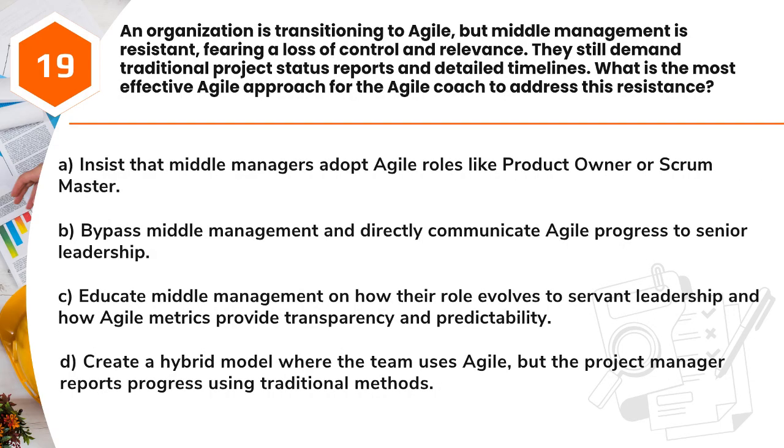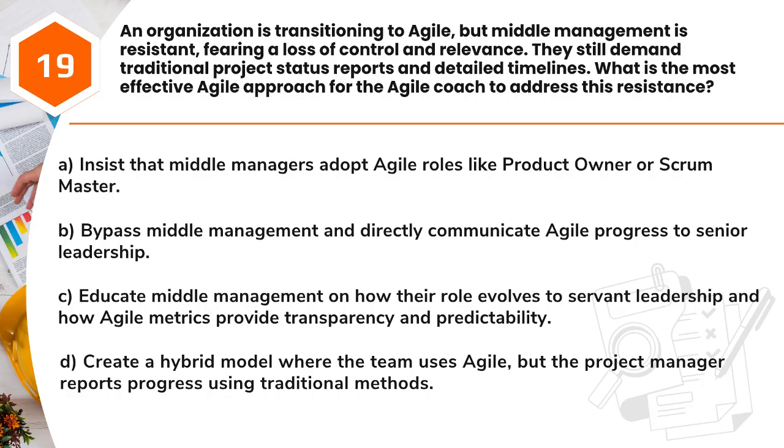Question 19. An organization is transitioning to Agile, but middle management is resistant, fearing a loss of control and relevance. They still demand traditional project status reports and detailed timelines. What is the most effective Agile approach for the Agile coach to address this resistance? A. Insist that middle managers adopt Agile roles like product owner or Scrum Master.